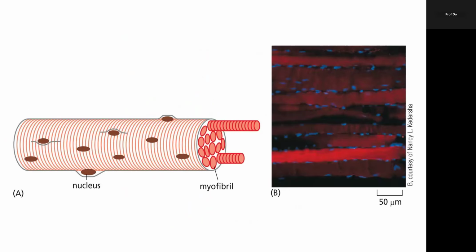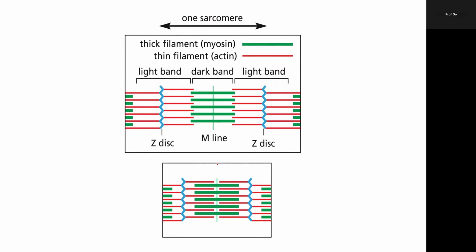Okay, and we can see that there's going to be a lot of nuclei around, because again we need a lot of control centers to make sure everything's moving smoothly, and then you can see these myofibrils, which are your actin and myosin complexes. Okay, so here you have your myosin line, the thick filament of your myosin.